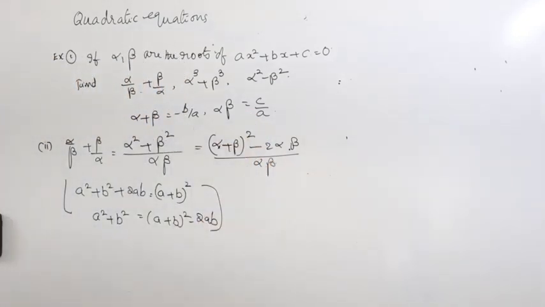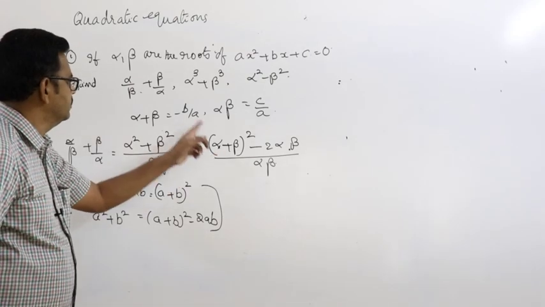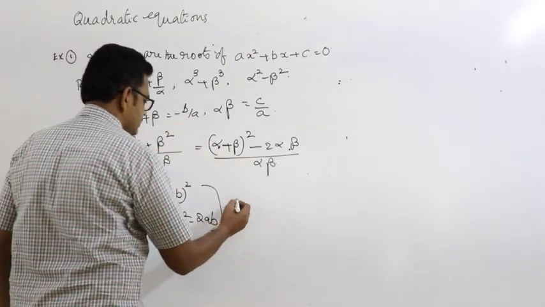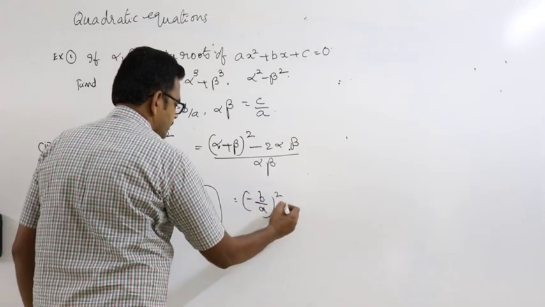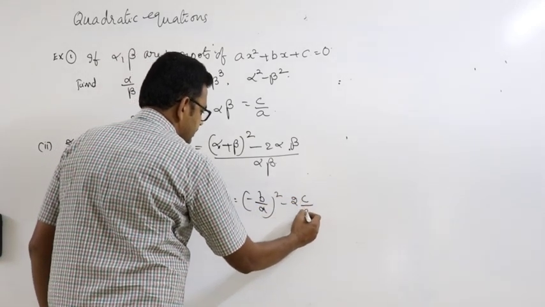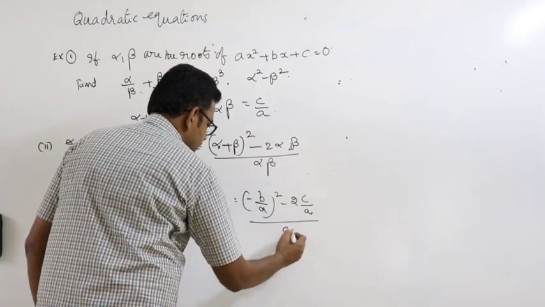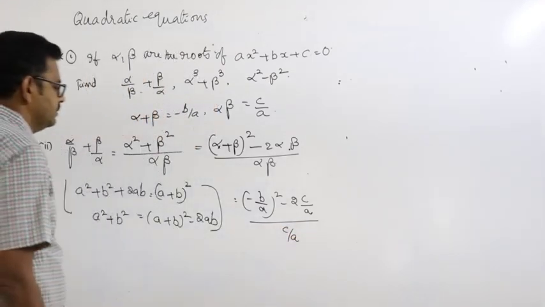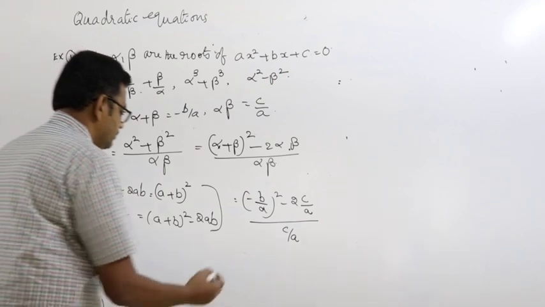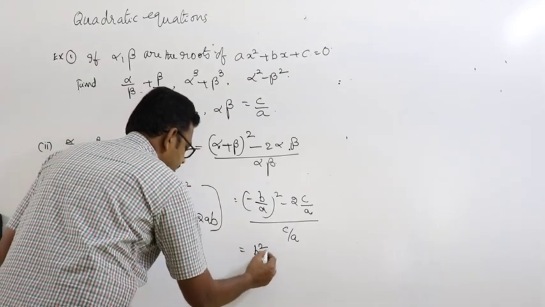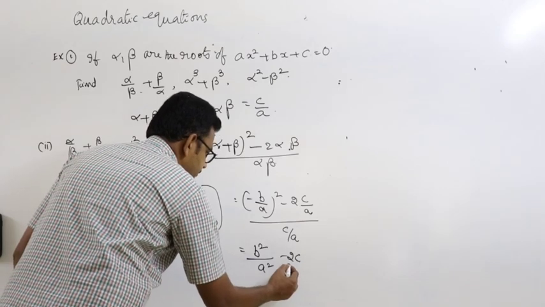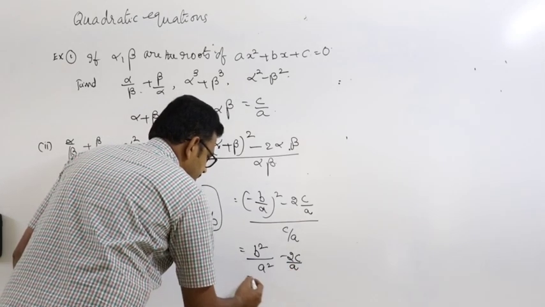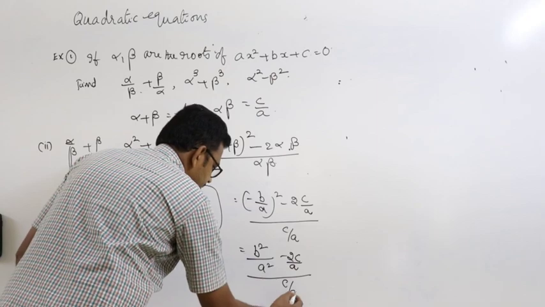Alpha plus beta whole square is minus b by a whole square, minus 2 into c by a, by alpha beta, which is c by a. That is equal to b square by a square minus 2c by a, by c by a.